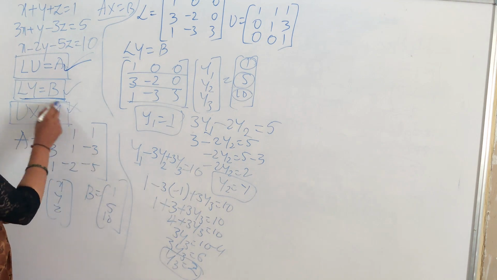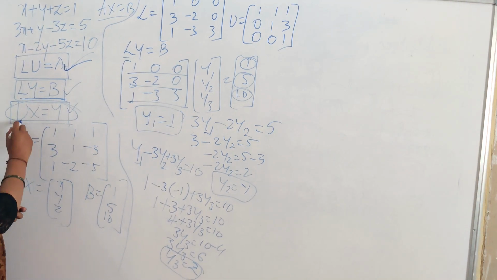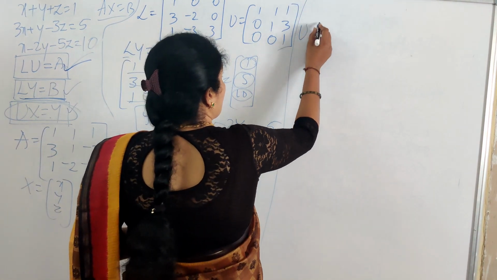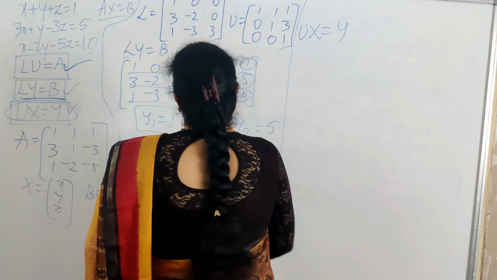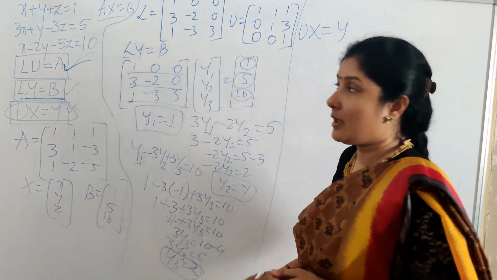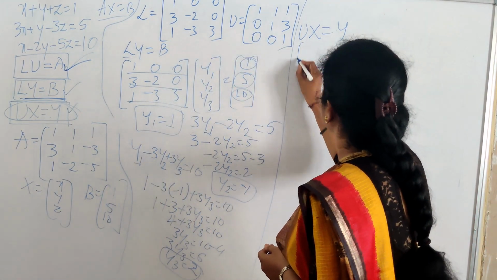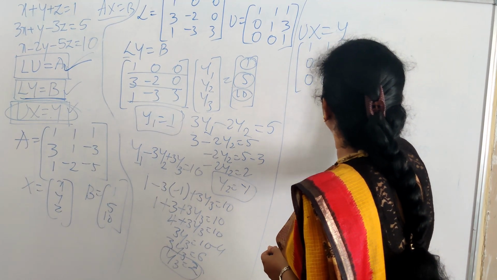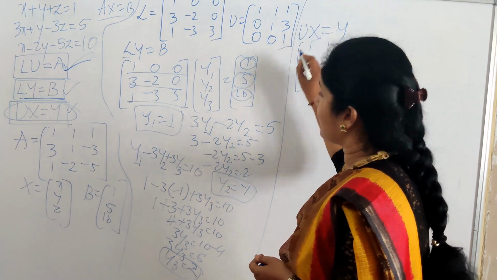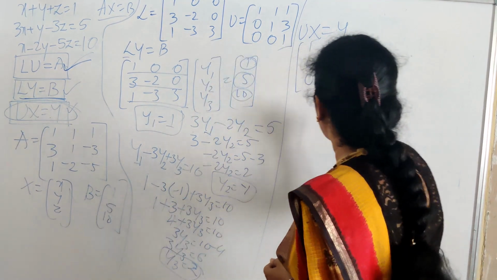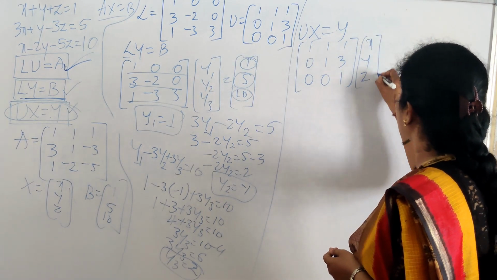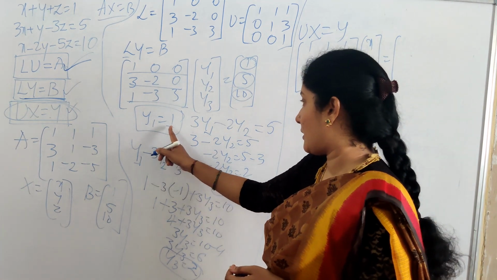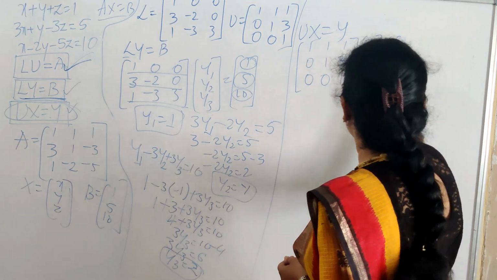After this, we have the third and the last one, Ux equal to y. So, Ux equal to y. U is nothing but the upper matrix that we have, into X, which is the unknown variables x, y, z, is equal to the y matrix. What is that? 1, minus 1, 2.